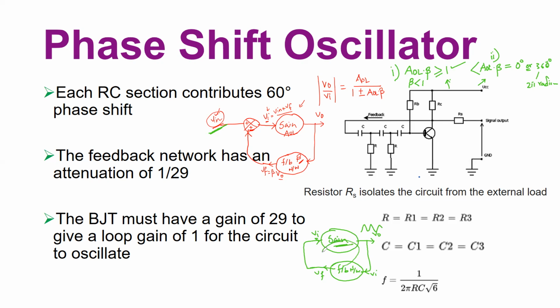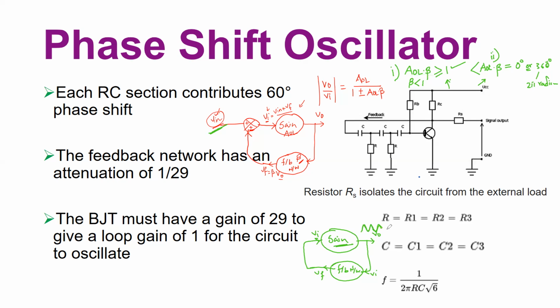And this process continues. So if you have made sure that your AOL times beta is greater than or equal to 1 and the angle of AOL times beta is exactly 0 degree, you will have oscillation produced.